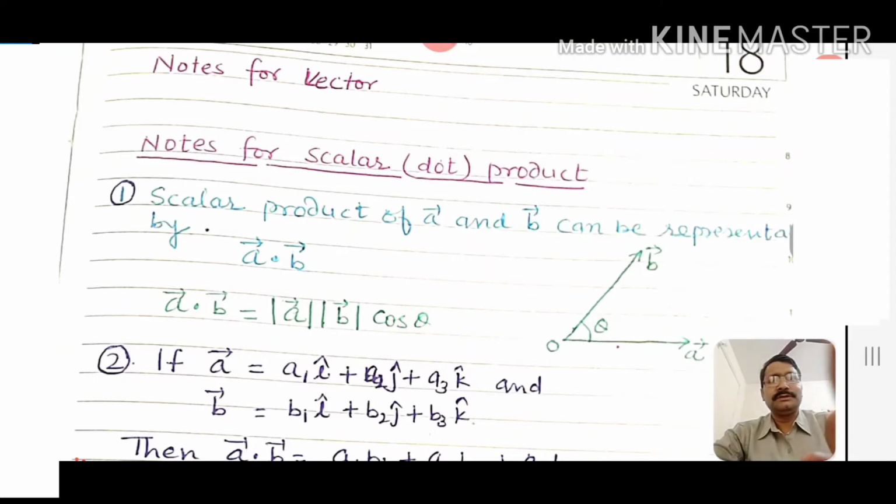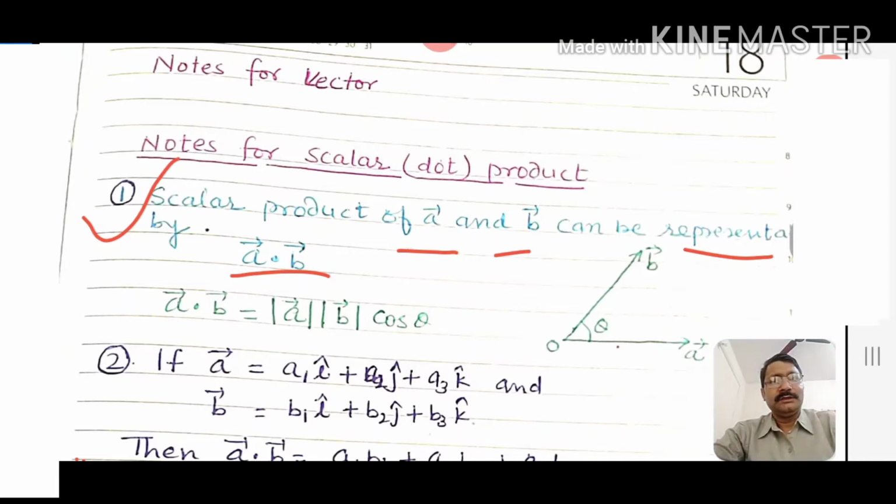Here the first note is the scalar product of A and B can be represented by A dot B. This dot we mark here. So we read it as the scalar product of A vector and B vector, that we write as A vector dot B vector.